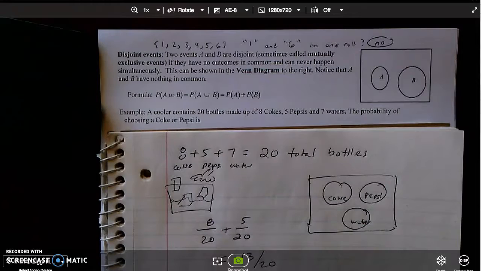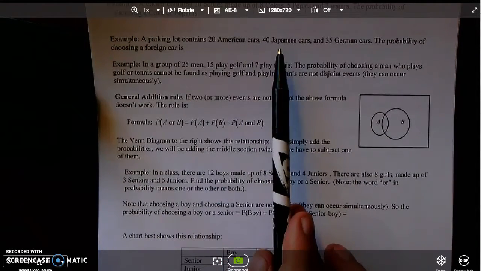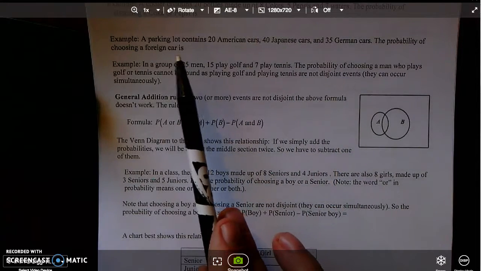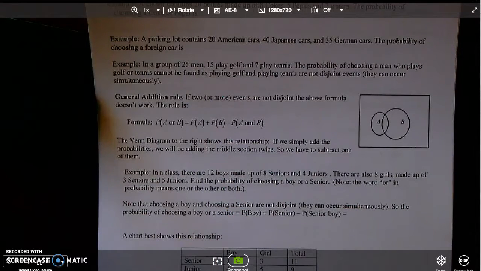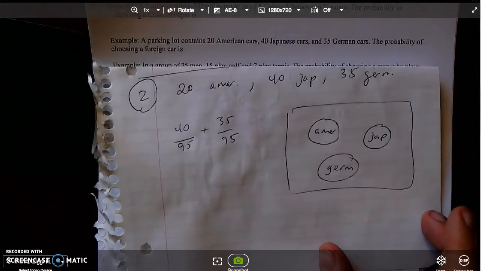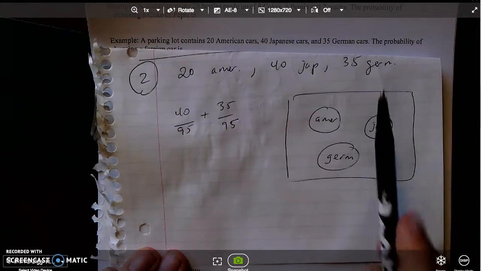I guess real quick, we can do one more example. I've got a parking lot with 20 American cars, 40 Japanese cars, 35 German cars. The probability of choosing a foreign car. Again, it's the idea that I'm either an American car, a Japanese car, or a German car. Those are mutually exclusive. I can't be both, at least in this scenario. In real life, the parts come from everywhere. So 20 American, 40 Japanese, 35 German cars.